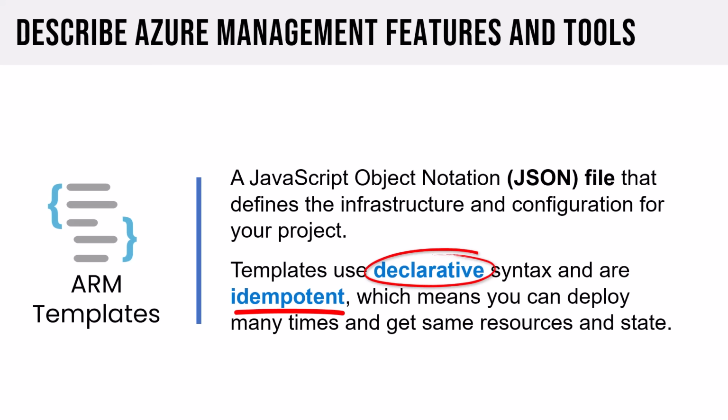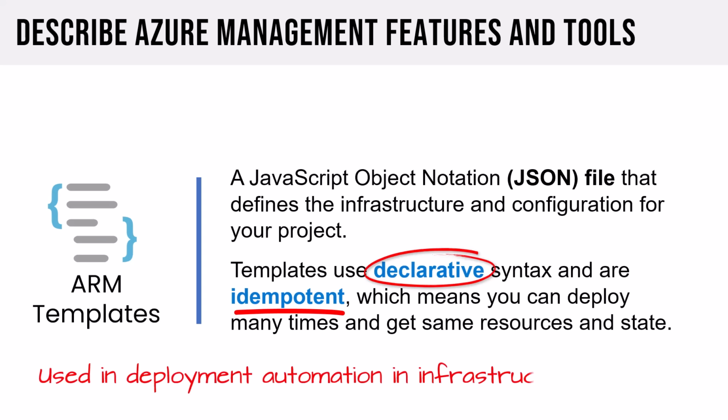And if I ran the deployment yet again and it saw that there were already 4 VMs, it would deploy nothing. It's going to make sure that whatever end result I have declared in the ARM template is in fact present in the environment. ARM templates are used in deployment automation and infrastructure as code.